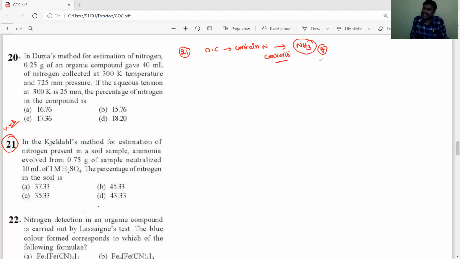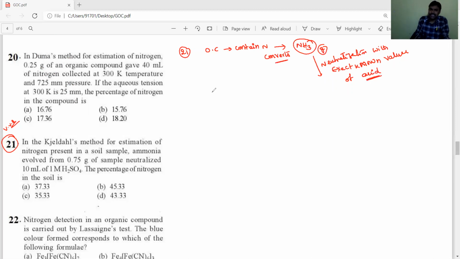This ammonia gas is neutralized with an exact known value of acid.